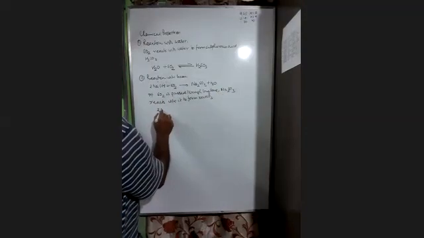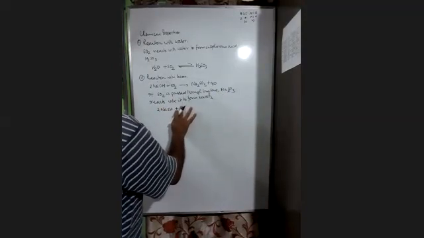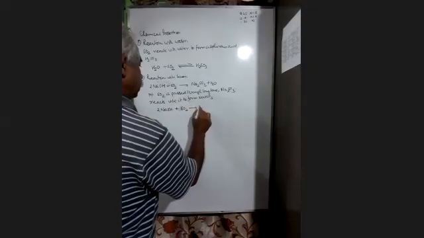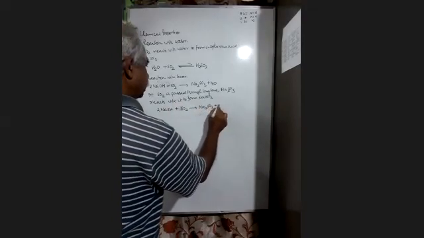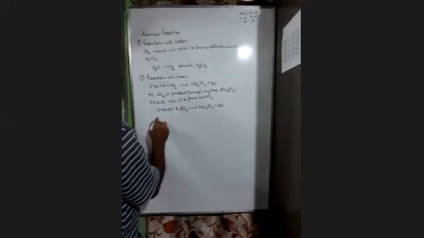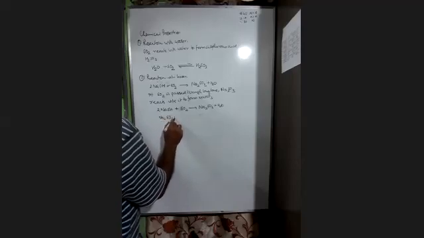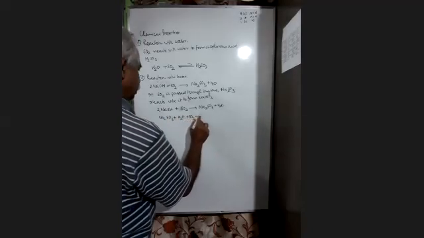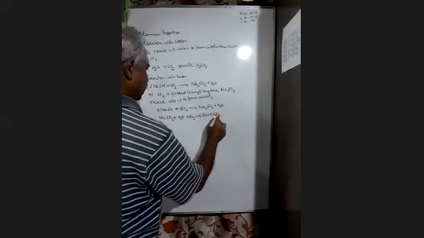Now I'll write here 2NaOH plus SO2 will give you Na2SO3 plus H2O. This Na2SO3 again reacts with sulfur dioxide to give you 2NaHSO3.